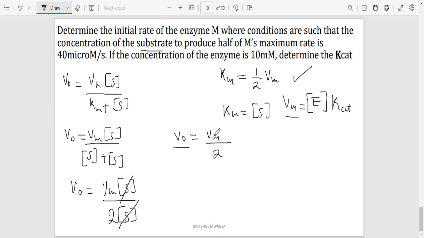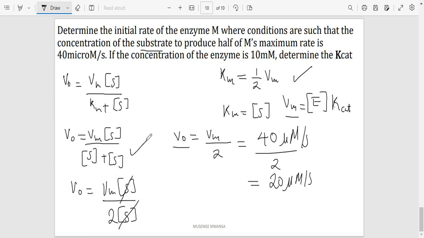Now we already know Vmax. What is Vmax? Vmax has already been given in the question as 40 micromolar per second, and then we're going to divide that by 2, and that is going to give us the initial, which is 20 micromolar per second.